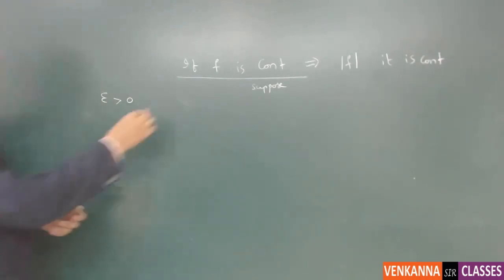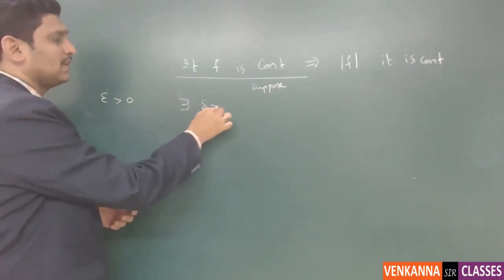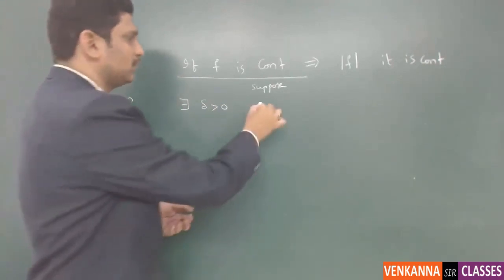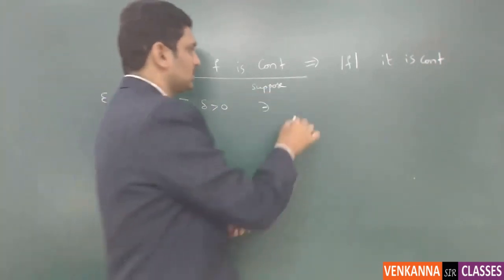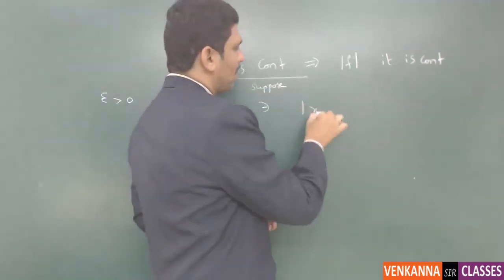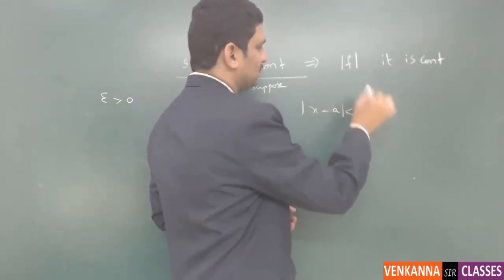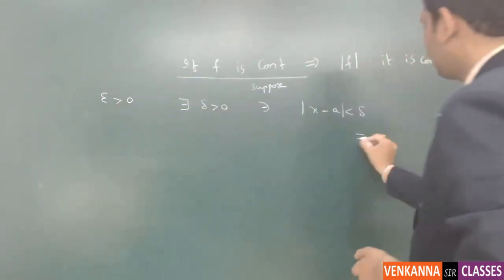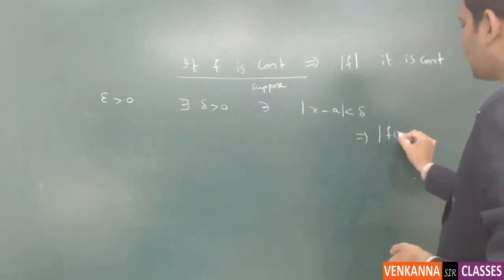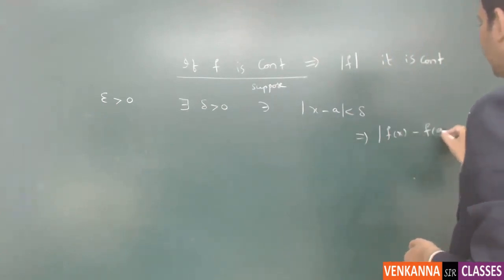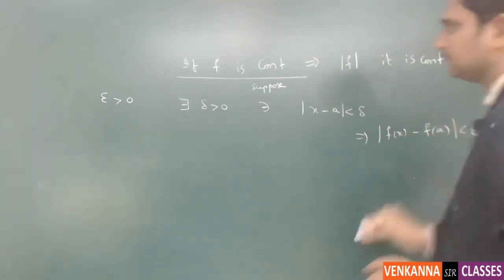For epsilon greater than 0, there exists delta greater than 0 such that whenever mod x minus a is less than delta, it implies modulus of f of x minus f of a is less than epsilon.